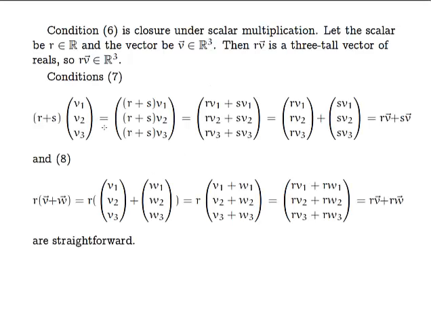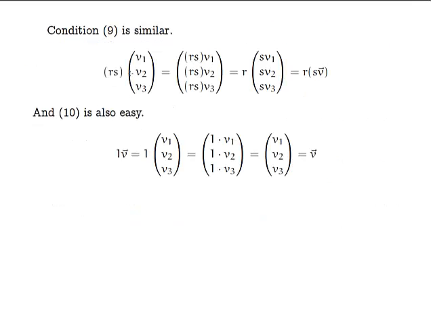And this was distributivity of scalar multiplication. This is distributivity of vector addition. And this is associative scalar multiplication. And this one is unit multiplication, scalar multiplication by 1. Right, so those were the 10 properties, and you can spend a little more time on that if you want to see that in fact R3 is a vector space.